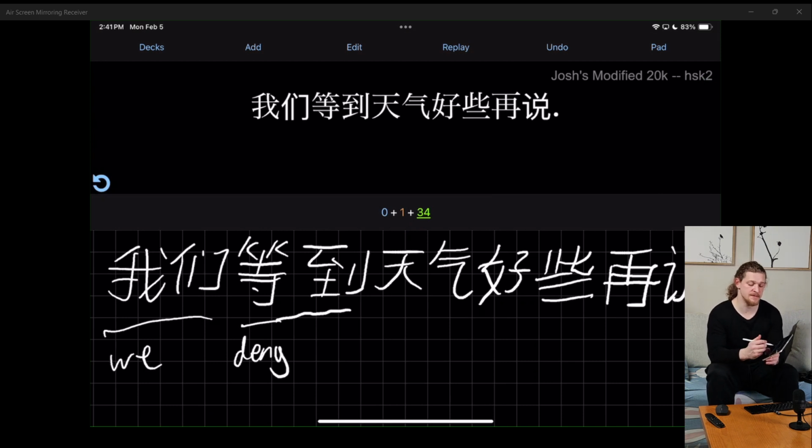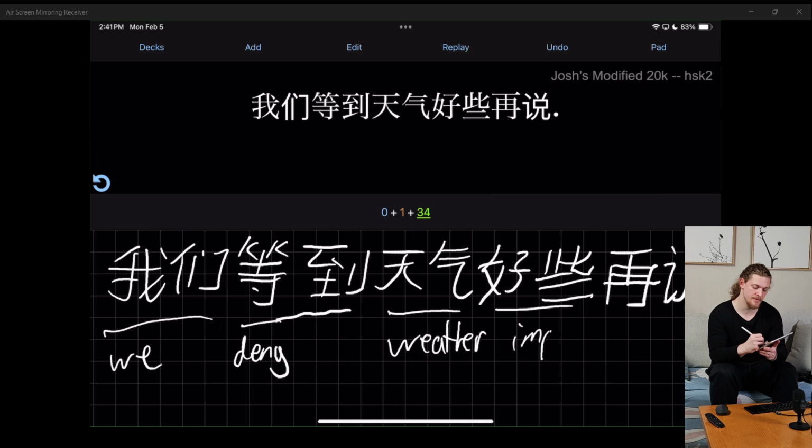So 到 is to arrive. Right? So we wait to arrive. 天气好些。天气 is the weather. 好些 to improve or to get better, right? To get a bit better.